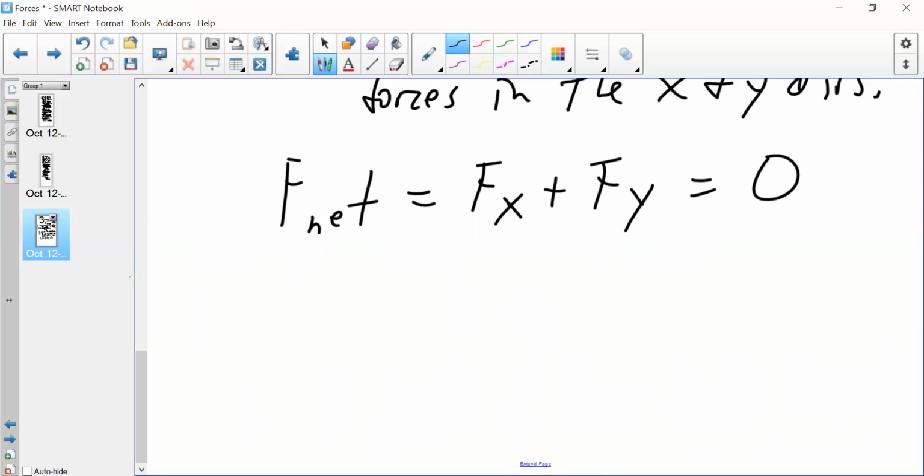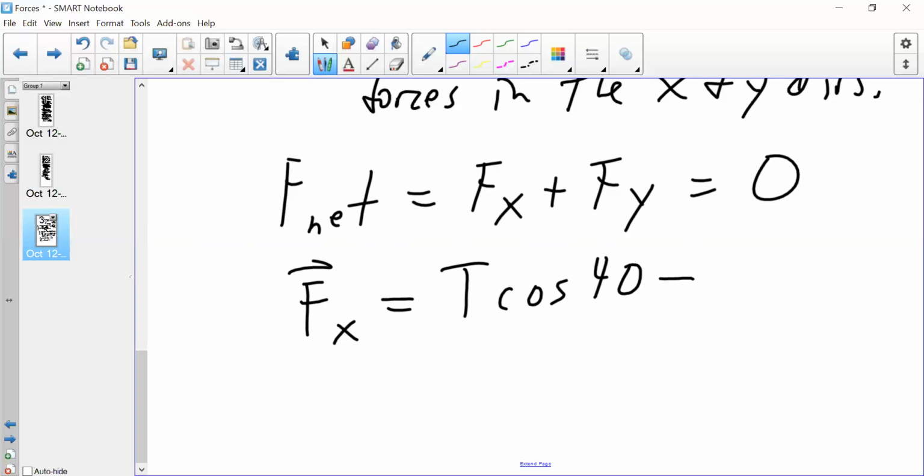But I like to identify everything happening along the x-axis, and then the y-axis, and add them together, because that's what they essentially are going to do. They're going to add together to get the net. So everything along the x-axis, I'm going to have one positive T cosine 40 degrees.